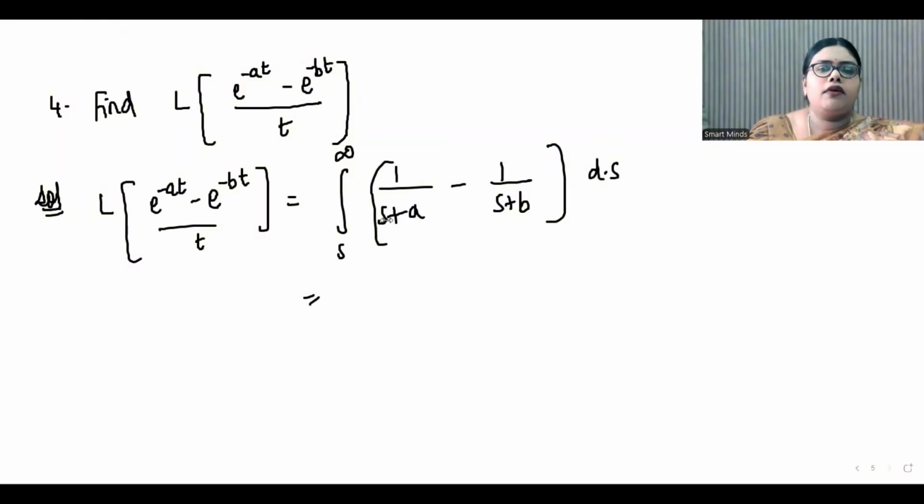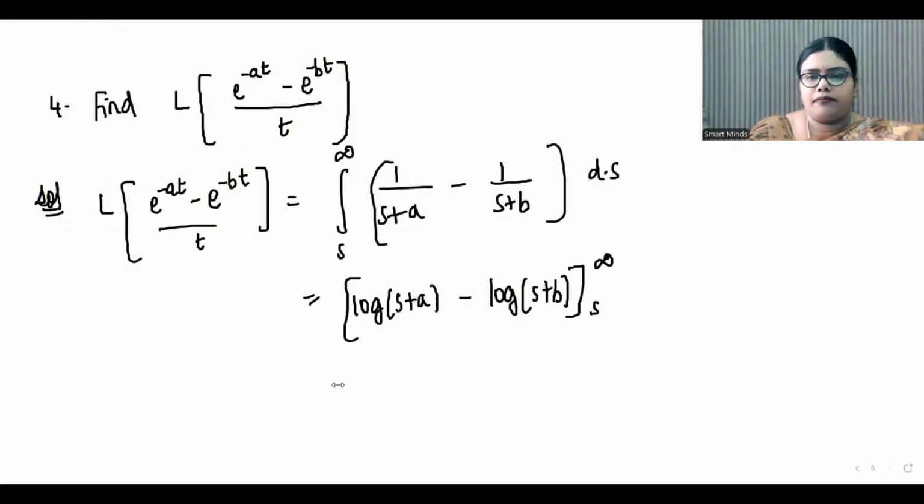What is integral 1 by s? Log s. So integral 1 by s plus a will be log s plus a minus log s plus b. After integrating, apply the limits s to infinity. So this can be written as, log a minus log b is log a by b. So this can be written as log s plus a by s plus b from s to infinity.